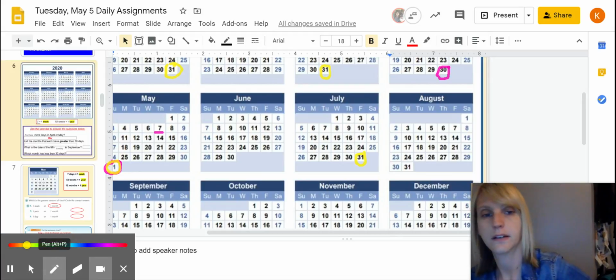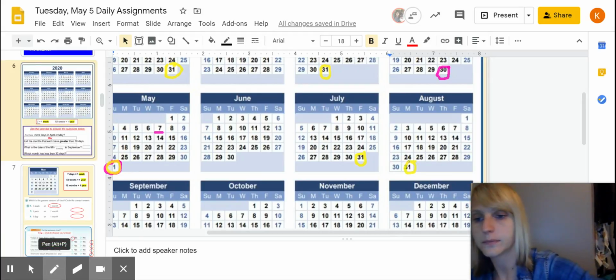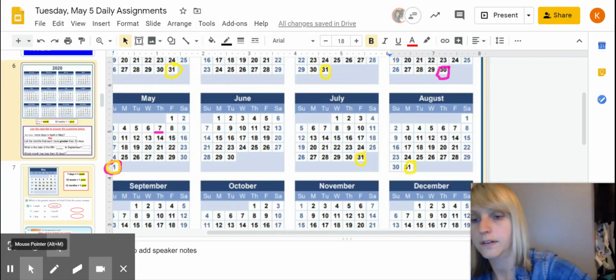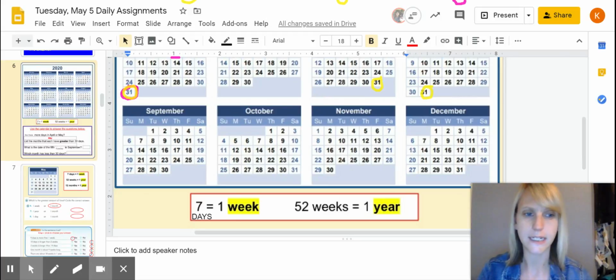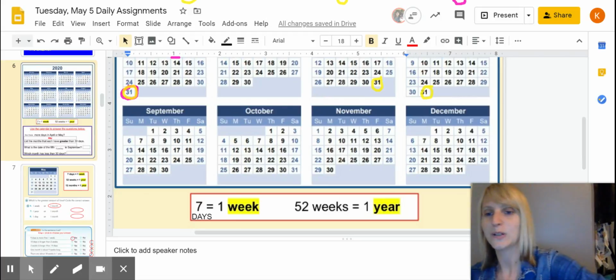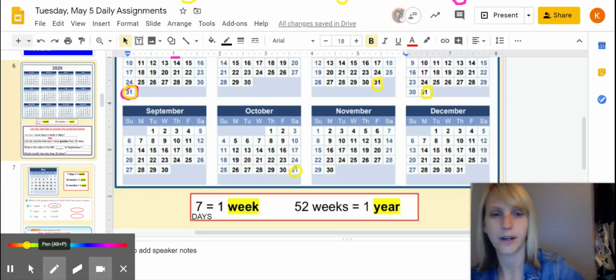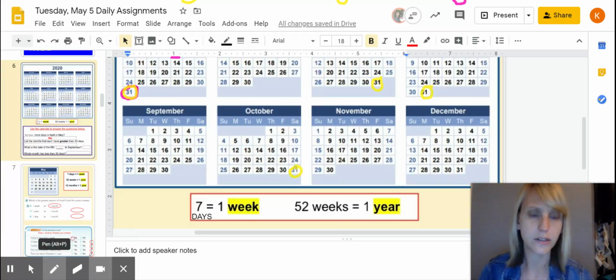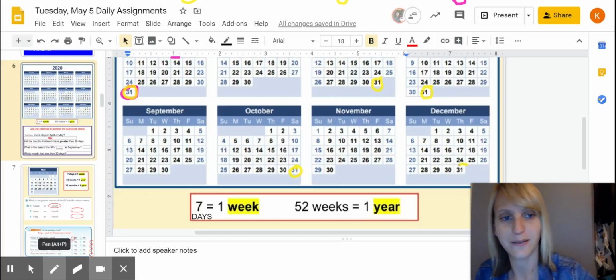August has 31 days. What about September? Oh, September has 30 days. October has 31. November has 30. And then December, a really good month in our year, has 31 days. So we can go ahead and circle that one too.